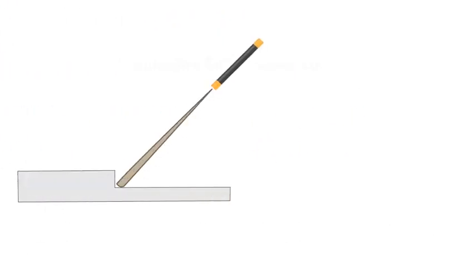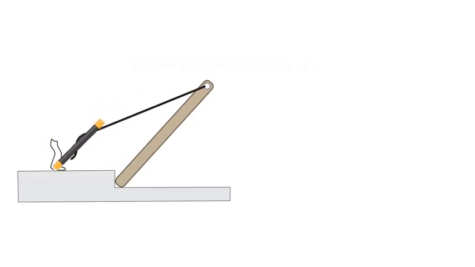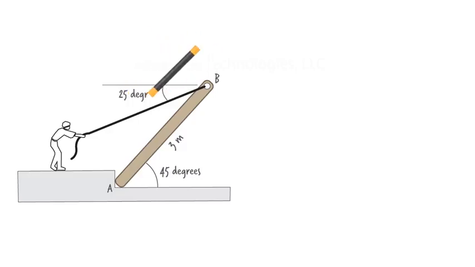Here, we have a joist being held in place via a rope. Knowing the weight of the joist, we want to determine the tension force in the rope that keeps the system in static equilibrium.